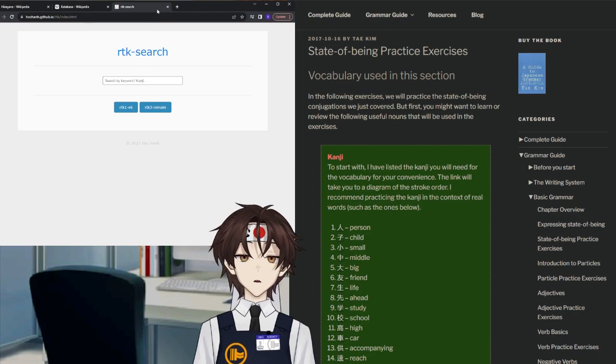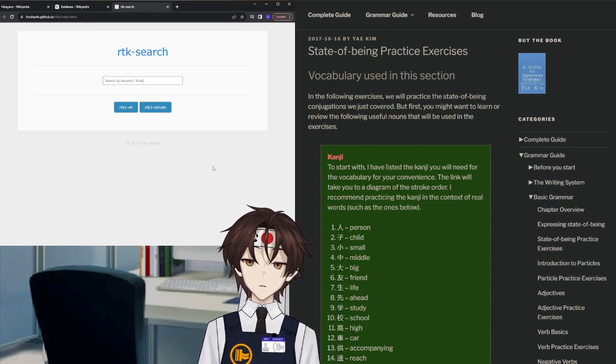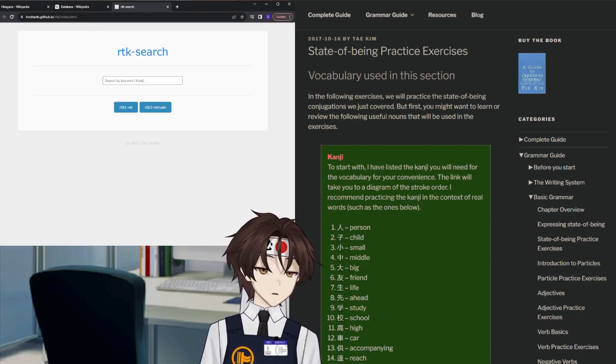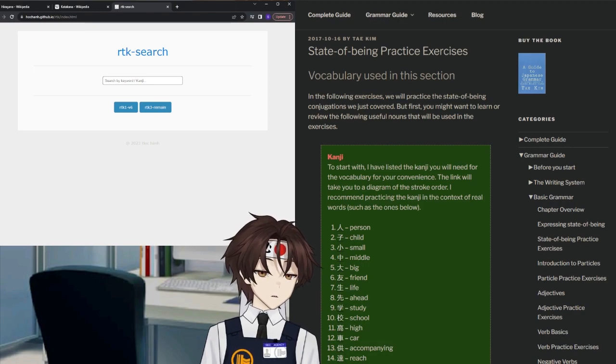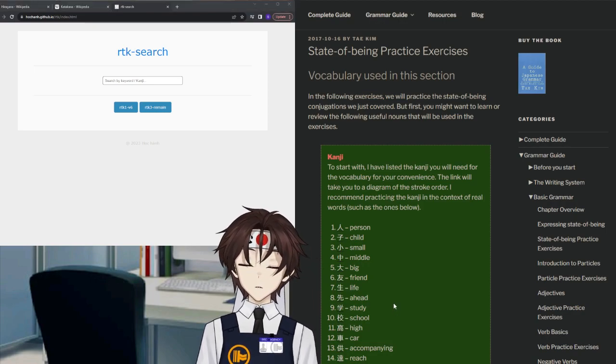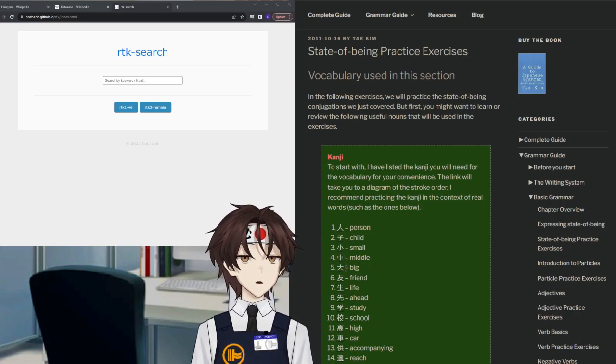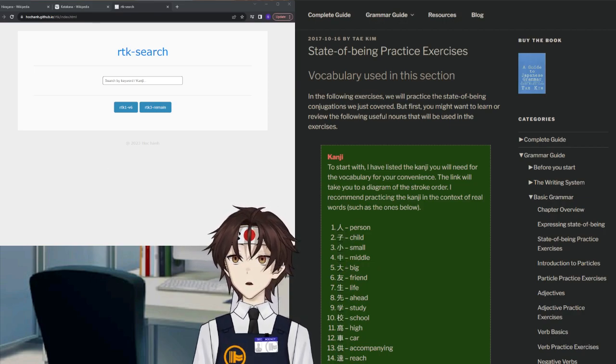So what you're seeing above me is the RTK kanji lookup. I probably won't be using it a lot because I'm just reviewing some of the past kanji that I've covered already.